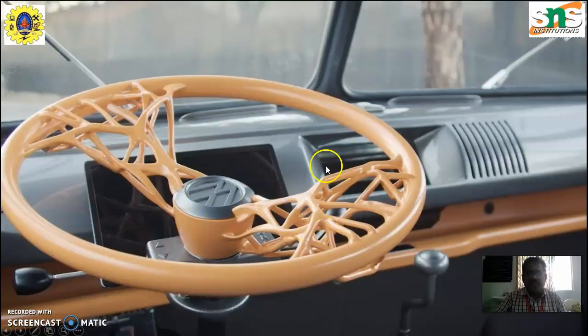We have seen a simple example here for the steering, the connectivity between the outer ring and the inner hub, or axle. That also gets a shape which is difficult for us to imagine.